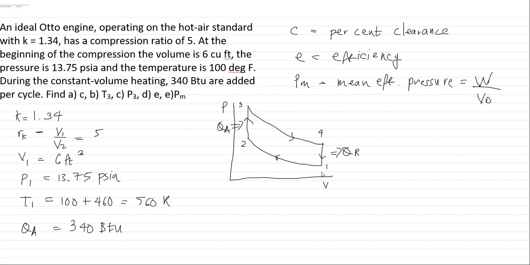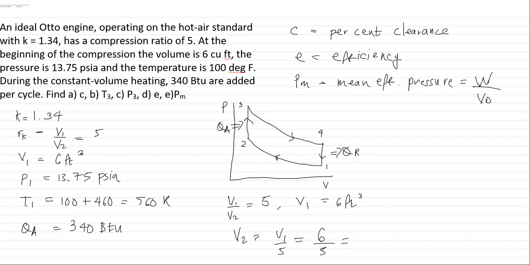So from point 1 to point 2, we have the isentropic compression ratio. It's equal to 5. Therefore, if V1 over V2 is equal to 5 and V1 is equal to 6 cubic feet, then V2 would be equal to V1 over 5, so 6 over 5.